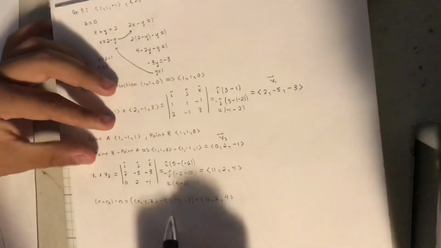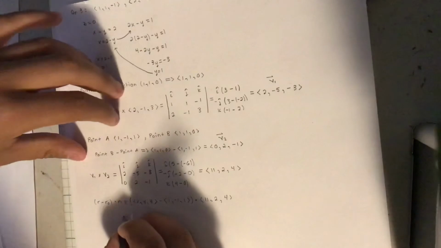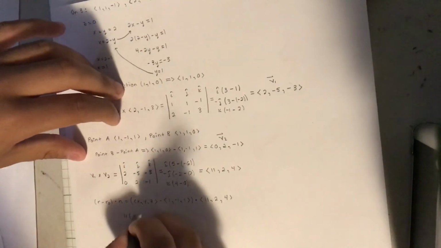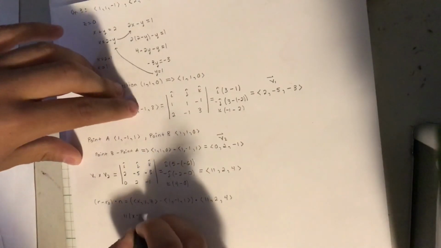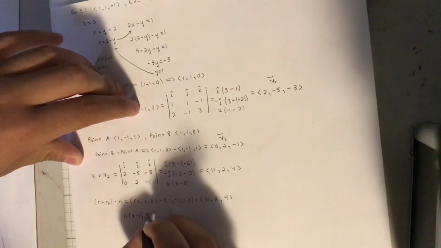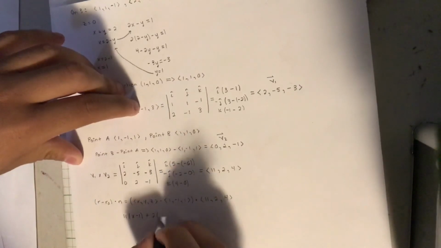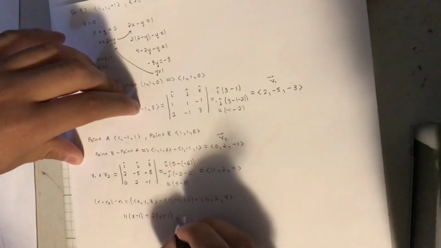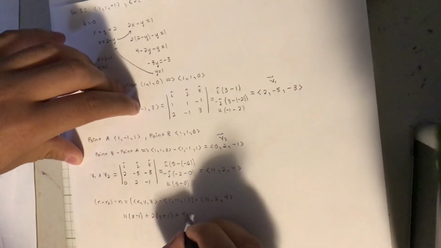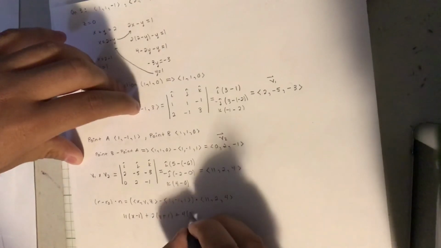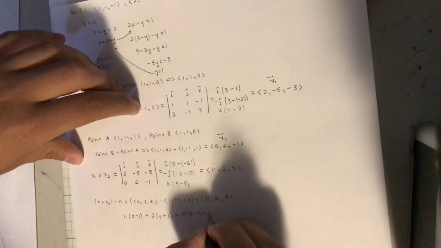So we get 11(x minus 1) plus 2(y plus 1) plus 4(z minus 1) equals 0.